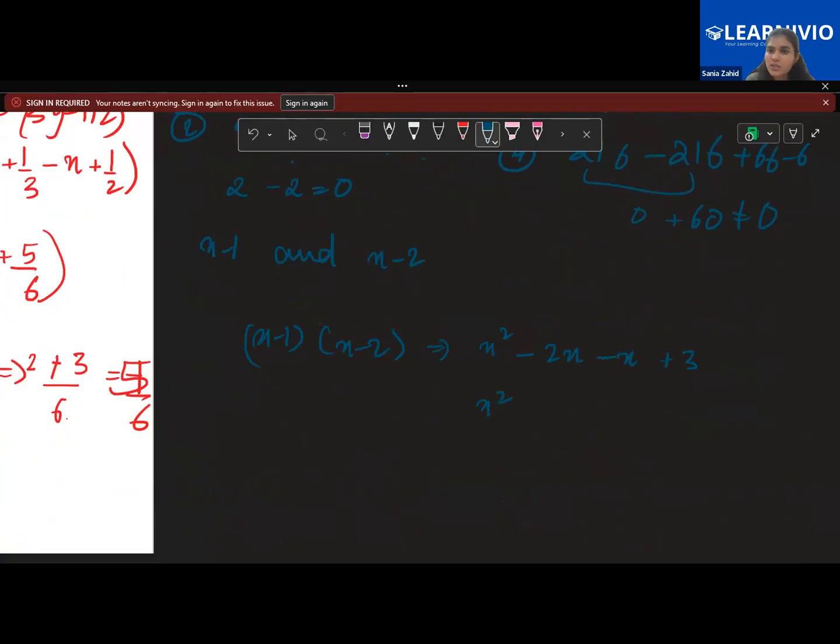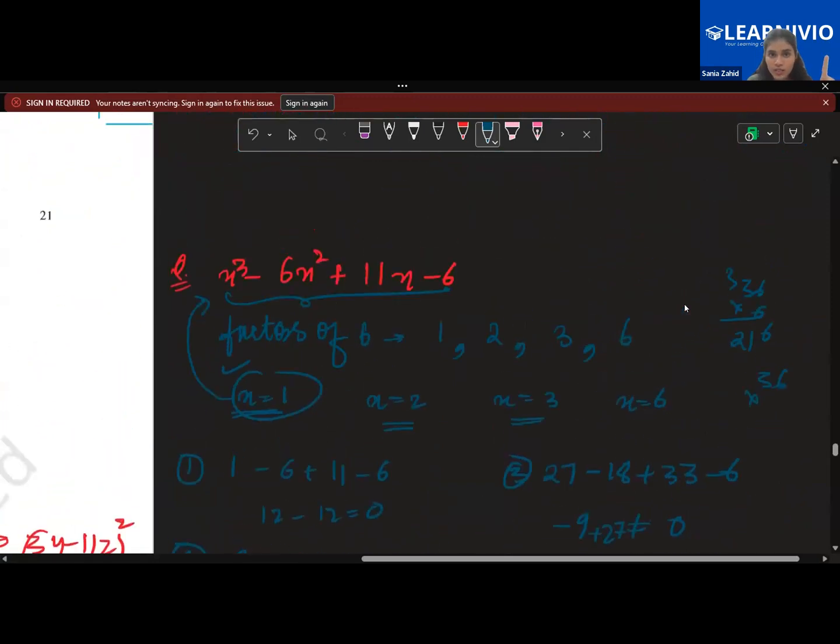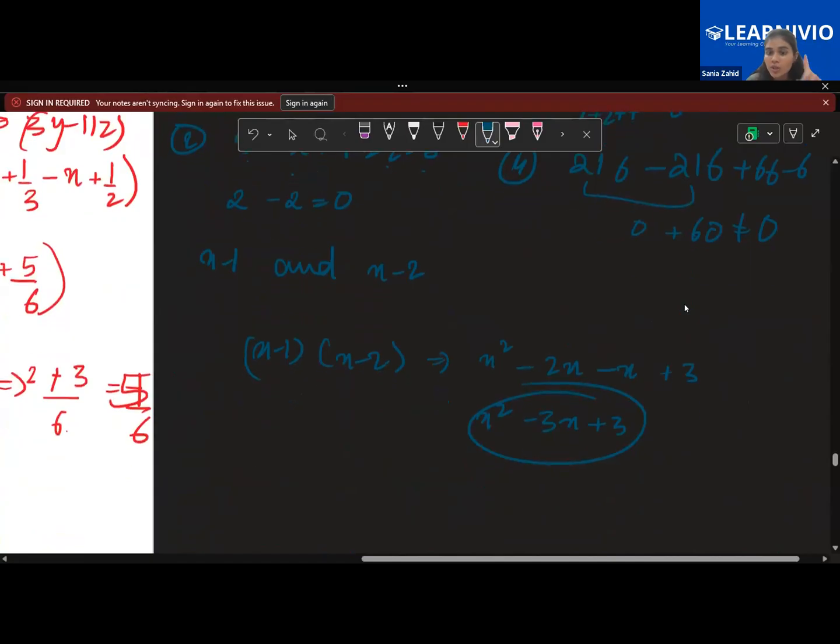So this becomes x square minus 3x plus 2. I got another polynomial. Now I will take my initial polynomial, which was my question, and I will divide it with this smaller polynomial by the long division method.